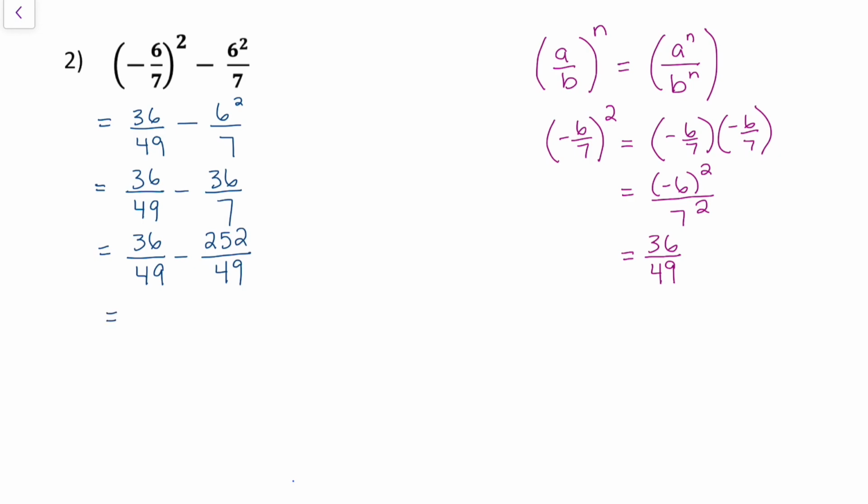And so I end up with a negative here. So 36 minus 252 over 49 is going to be negative 216 over 49. And if I simplify that into a mixed number, in its smallest form, I get negative 4 and 20/49.